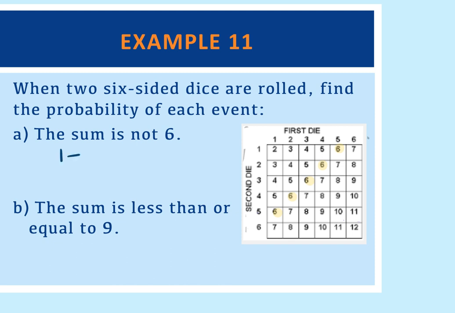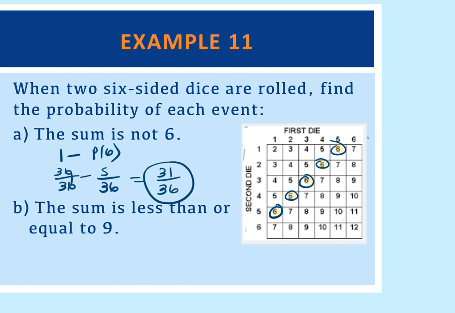So 1 minus the probability that it is 6, which was 1, 2, 3, 4, 5 out of 6 times 6, which is 36. So I get 36 out of 36 minus 5 out of 36, and that's 31 over 36, which is easier than counting all the other ones.